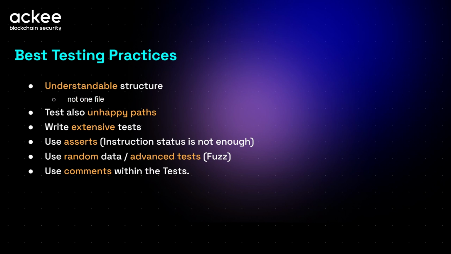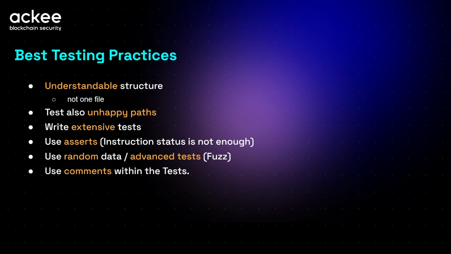We are getting closer with this approach to fuzzing, where you actually use random data for the instructions. But from my point of view, this is the best approach to test your Solana programs: to send it random or kind of guided random data, and you test if the behavior is expected.